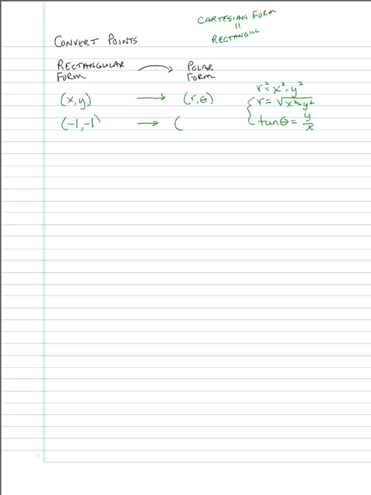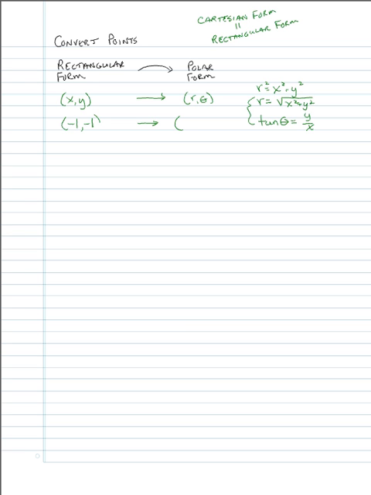Historically it's probably been called the Cartesian form because that's named after a famous mathematician, René Descartes. He's the one that proposed or started this idea of an XY axis system, a rectangular coordinate system named after him, Cartesian.